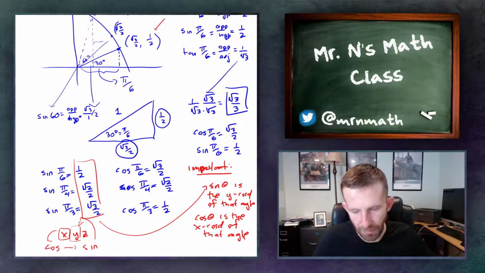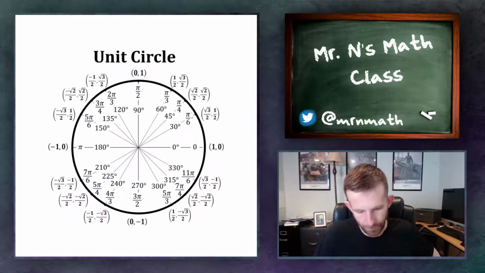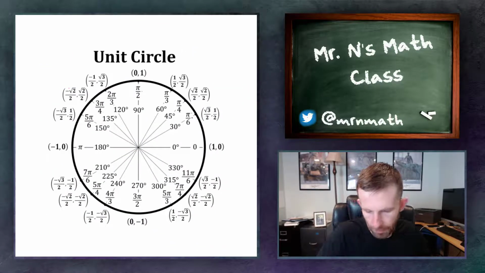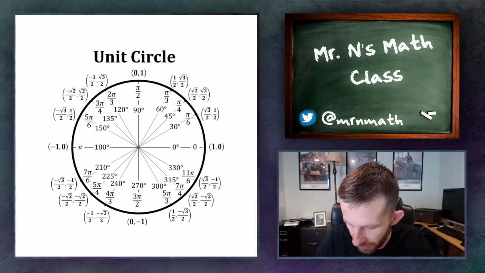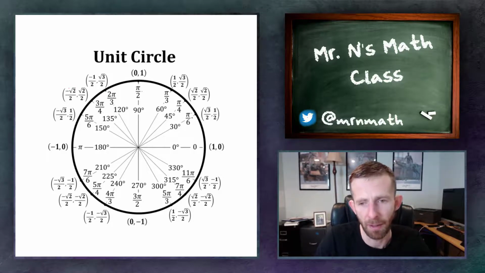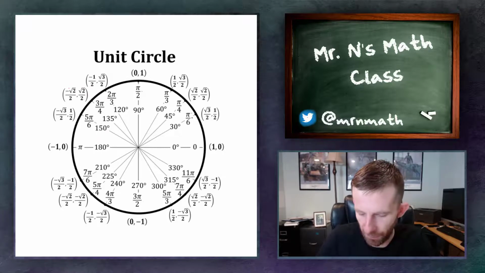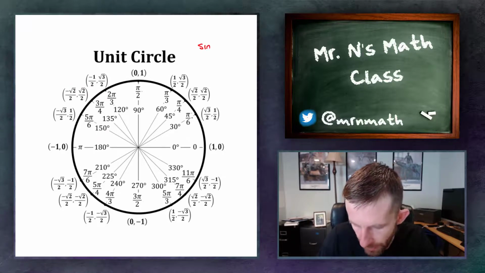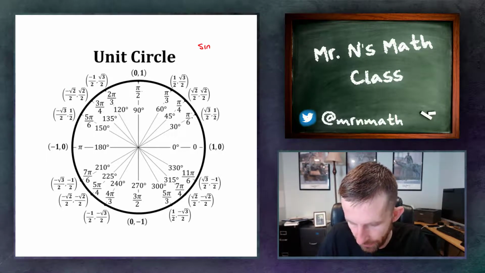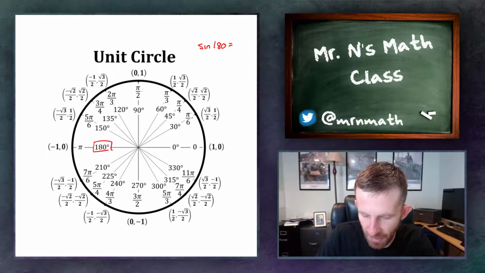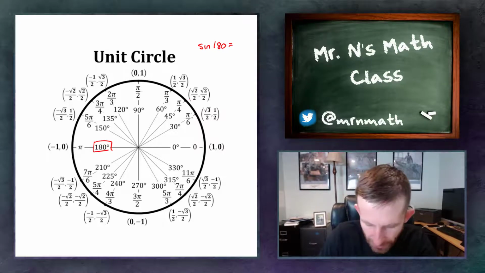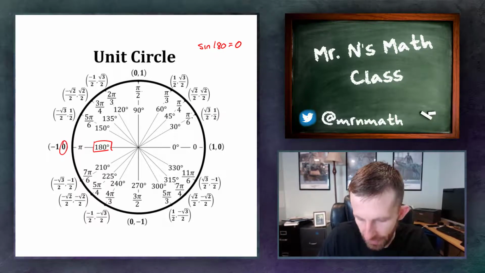Along the same idea, if you're looking for sine or cosine of any angle, for example, sine of 180, sine of 180 is right here, and I know sine is the y value at 180, so that's going to be 0.